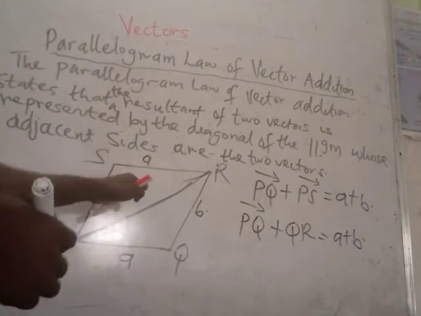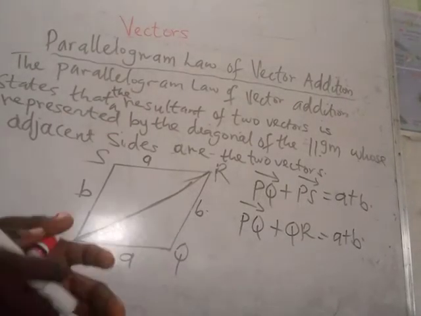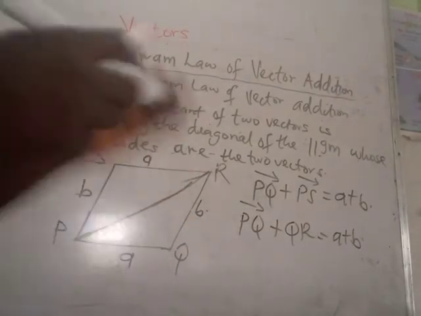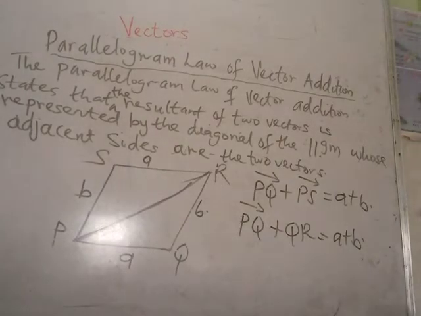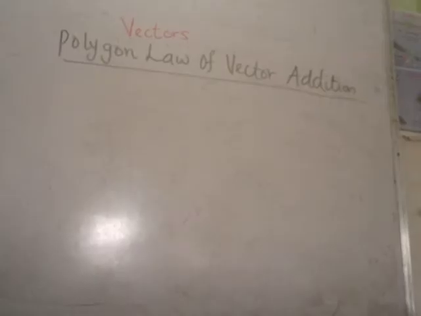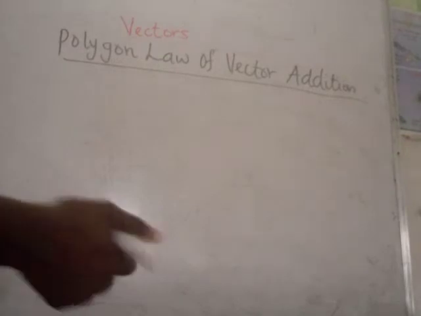The parallelogram law of vector addition is also equivalent to the triangle law of vector addition. Now, the polygon law of vector addition.